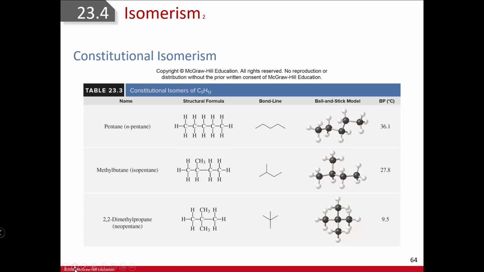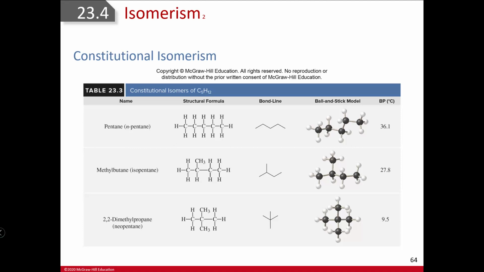So here are some examples. We have pentane at the top here, and I hope at this point that this seems pretty easy: if you see something that's 5 carbons long, then you know that it's pentane. It's just carbon and hydrogen with no double bonds, so this is a saturated compound.